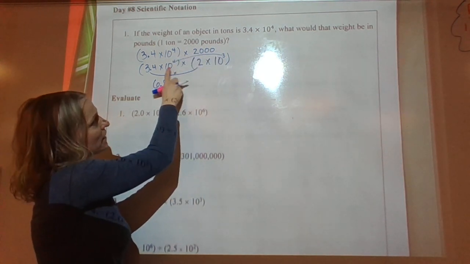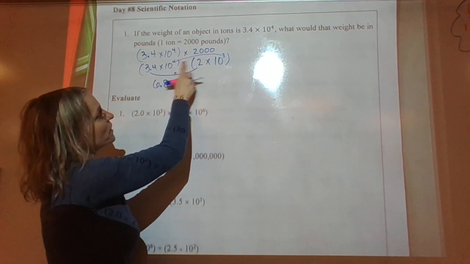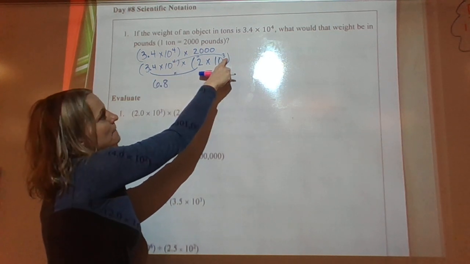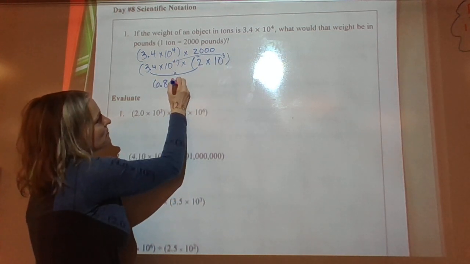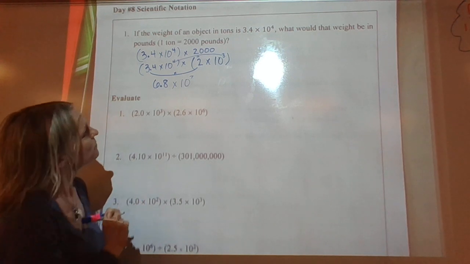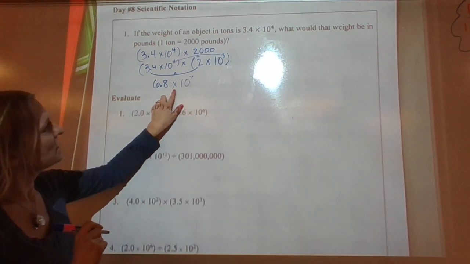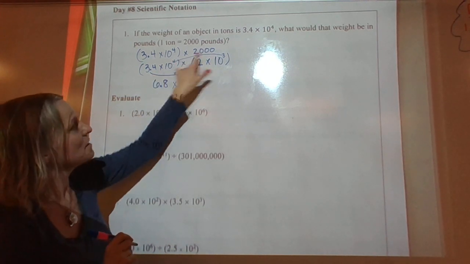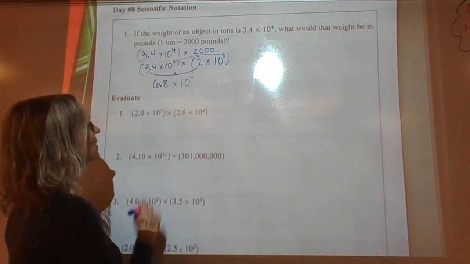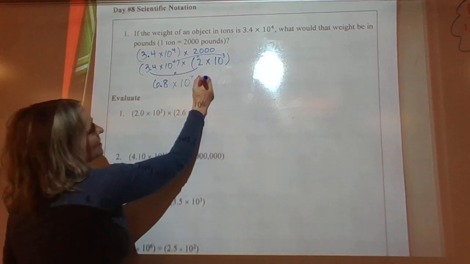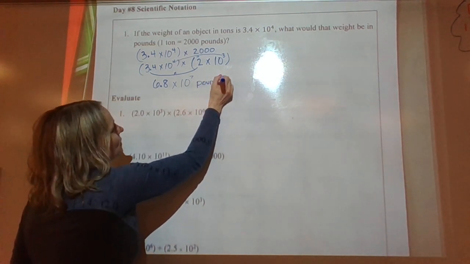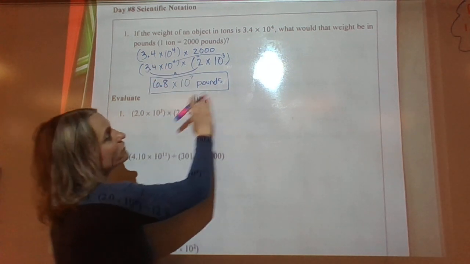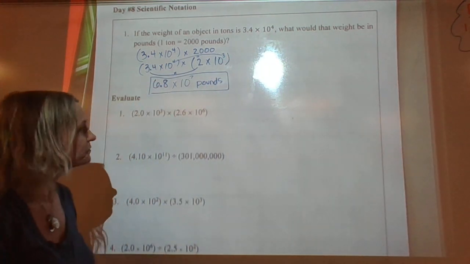When we're multiplying and these have the same base, all we're going to do is add those exponents together. So I've got 4 plus 3, which would make 7. Okay, so then I have 6.8 times 10 to the 7th power. So I multiplied the coefficients, I added my exponents because it was a multiplication. And there's my answer, and that is in pounds. Okay, so that is how many pounds is equivalent to this number of tons.